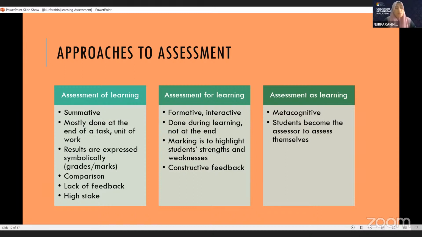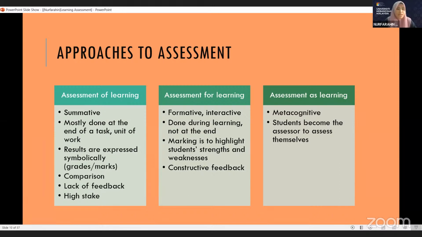And it is also the most dominant approach to assessment, meaning that you see this very frequently at schools. The assessment is mostly done at the end of a task or a unit of work, meaning that the students will learn first about something and then be assessed at the end of it.